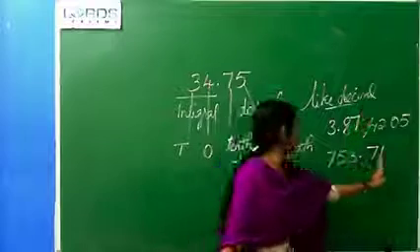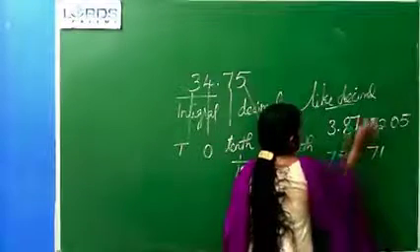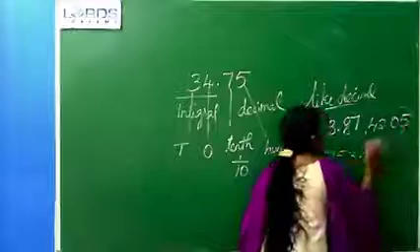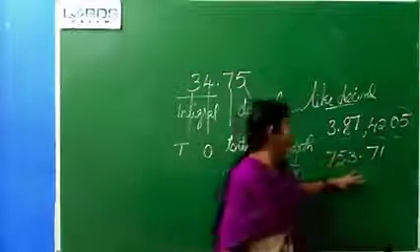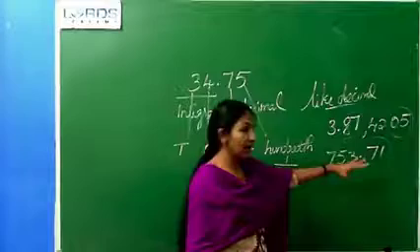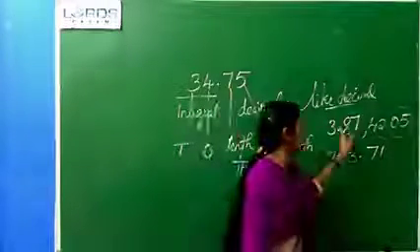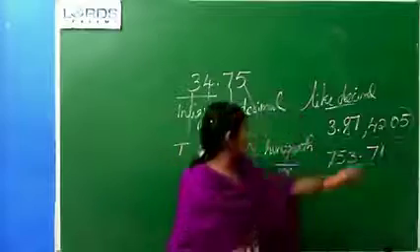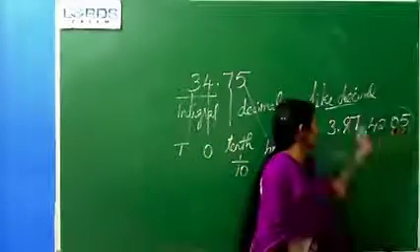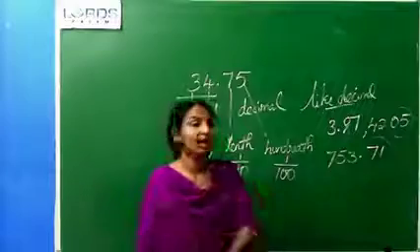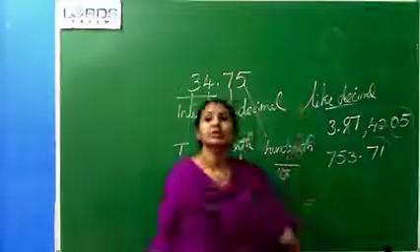Here also after the decimal, 2 places. Only this we are considering. All these 3 numbers have the same number of decimal places, not the same digits. If it is only 2 in all, they are called like decimal numbers.